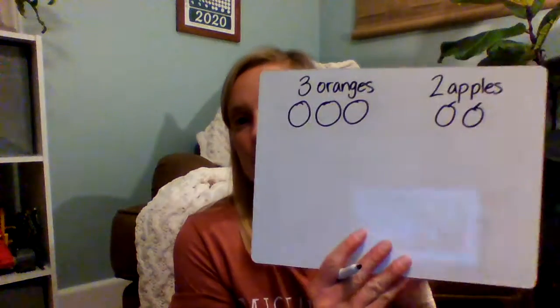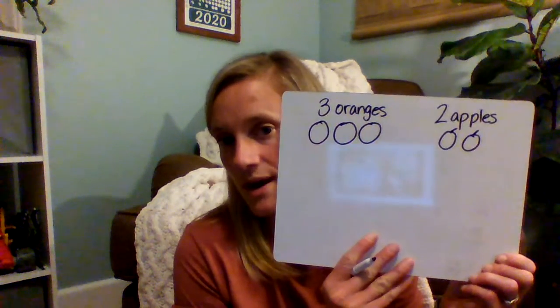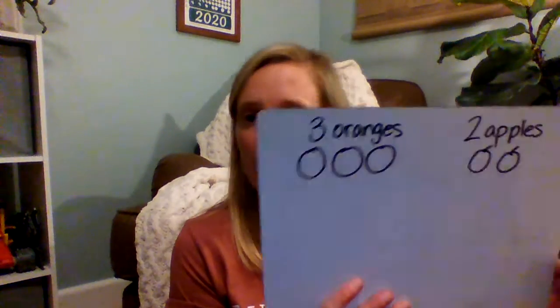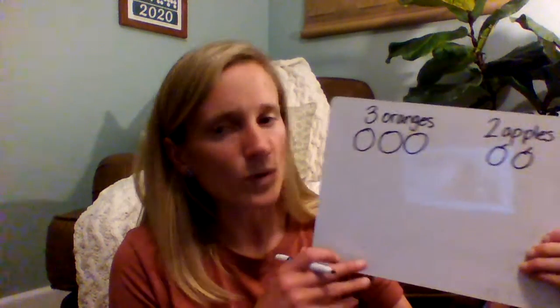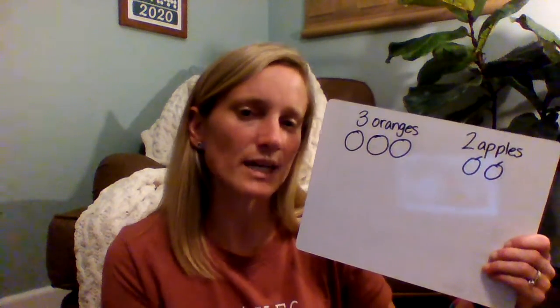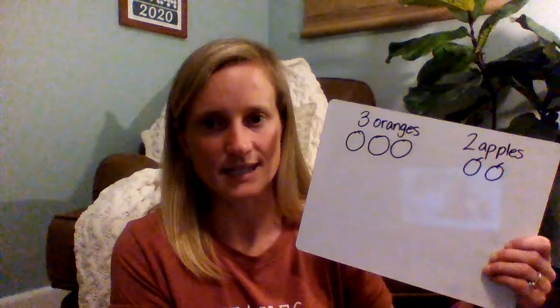I'm going to put stems on the apples, okay? So 3 oranges, 2 apples. Now, I could see how many pieces of fruit I have, but apples and oranges aren't the same type of fruit. So I can't combine apples and oranges and then say how many oranges I have. Or combine them and say how many apples I have. They're not the same fruit, so I can't put them together and call them the same thing.